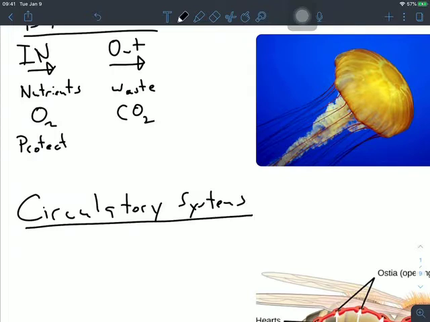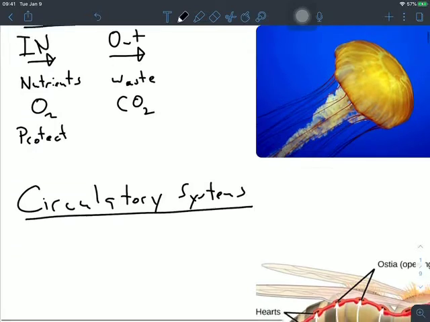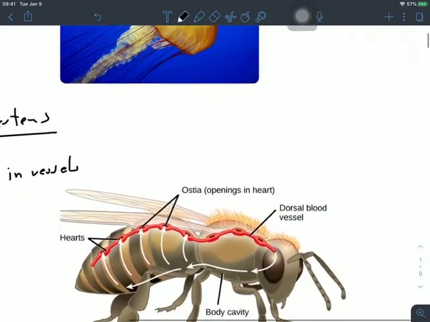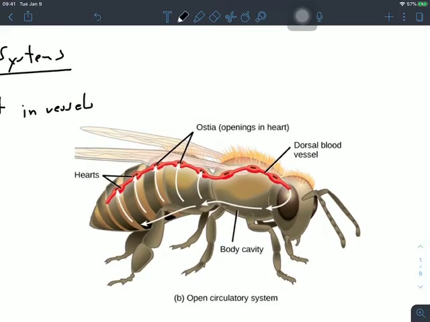The name of the game behind the nutrient exchange differs along whether your system is an open system, where blood does not stay in vessels, like those of insects like bees, and many other invertebrates.